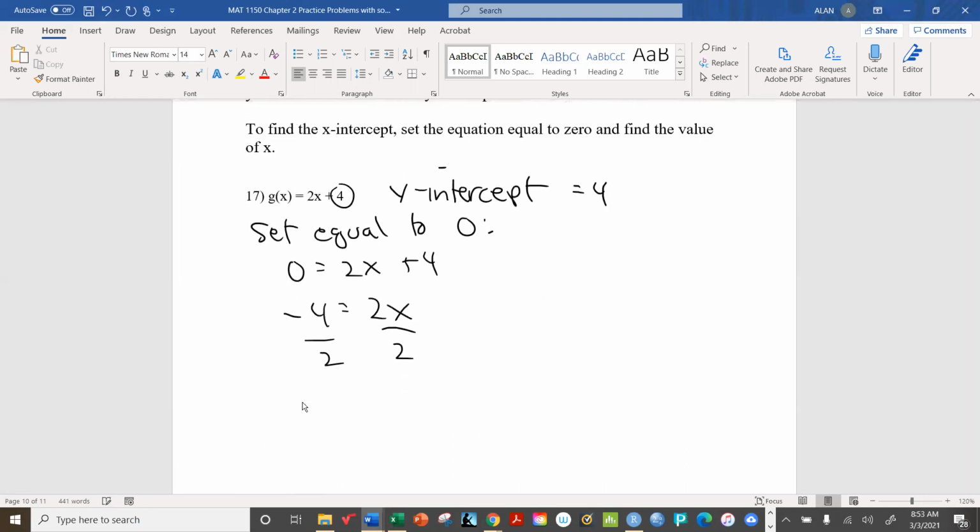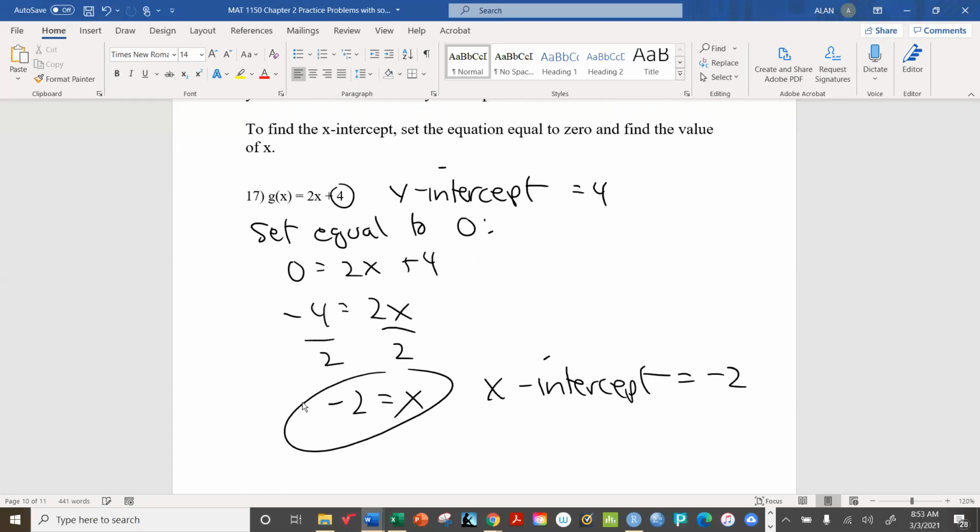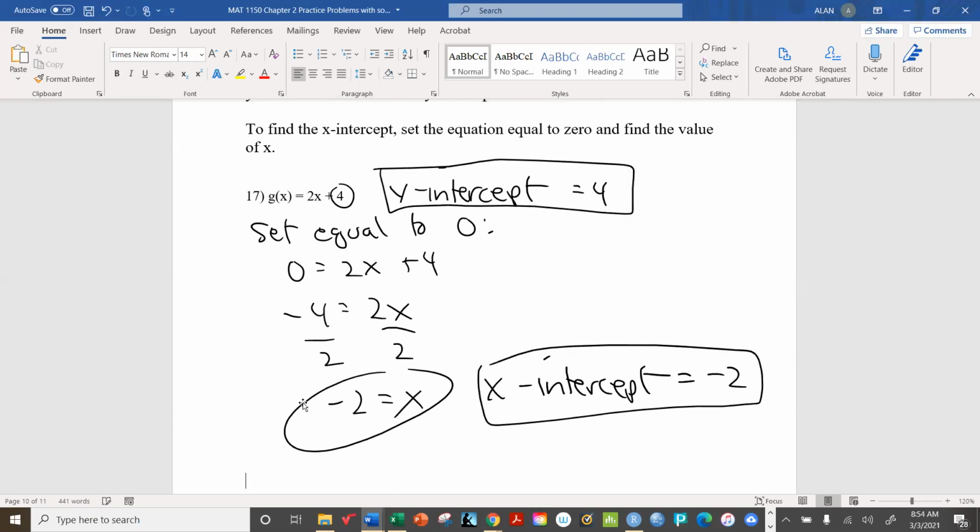And we'll end up with minus 2 equals x. So we conclude that the x-intercept is minus 2. So these are the two halves of our answer. Man, if only all of them were like this.